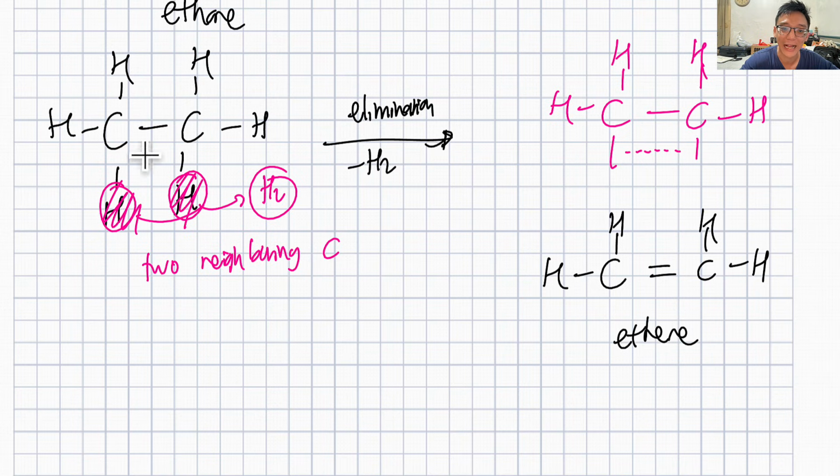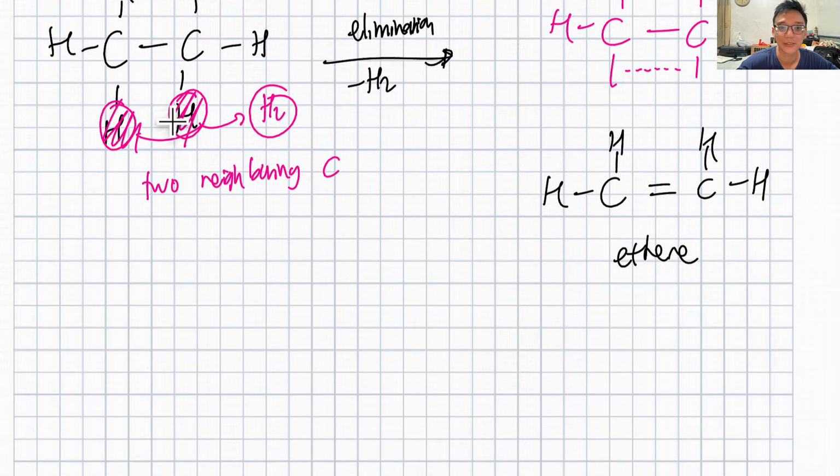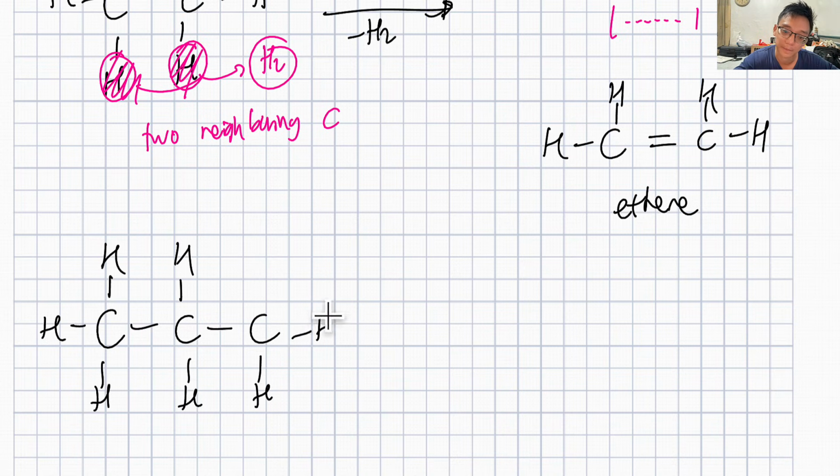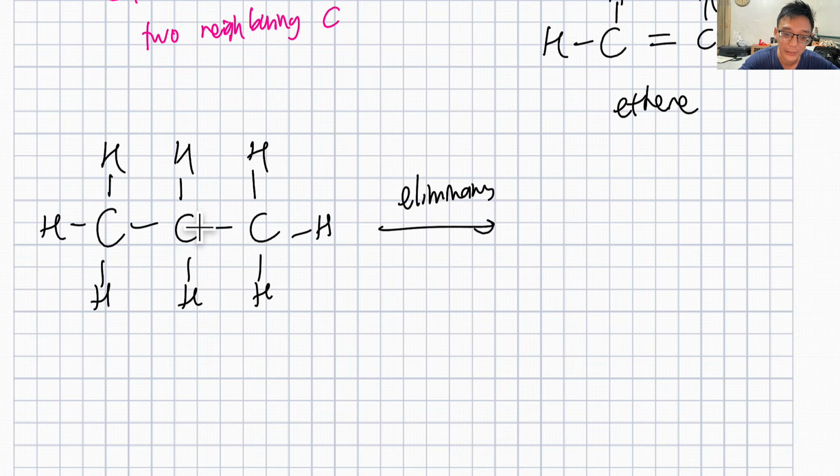What if the alkane has more than two carbons? Let's say that it has three. Something like this. If you do elimination on this, then you would remove hydrogen from two neighboring carbons.